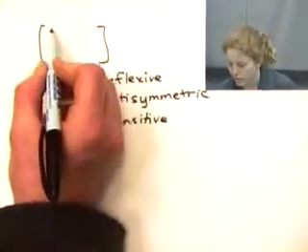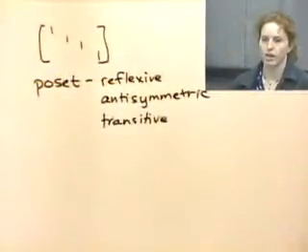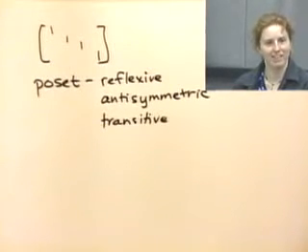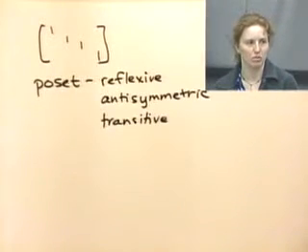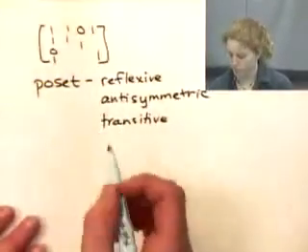So if something's reflexive, let's say this is a 4 by 4, then it has to have ones down the diagonal. Now I can put ones anywhere else I want to. I'm making one up, by the way, right now. Except I can't put them across from each other, and then I have to make sure it's transitive. So let's see.